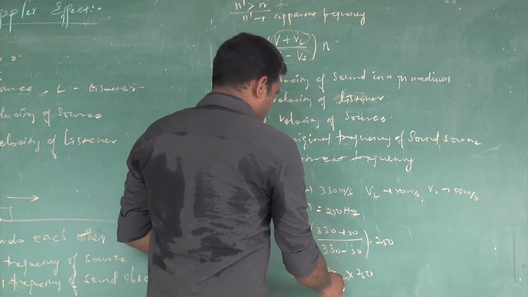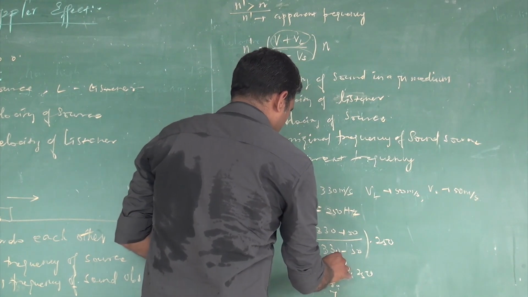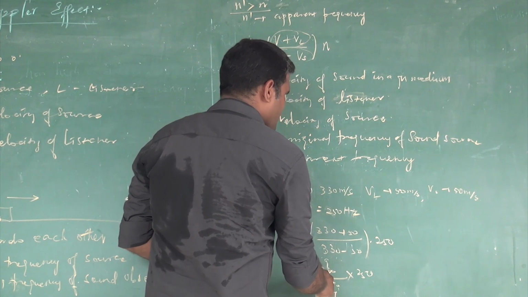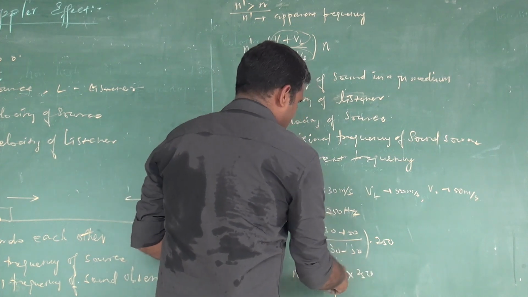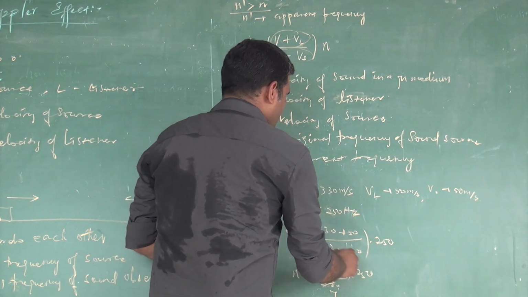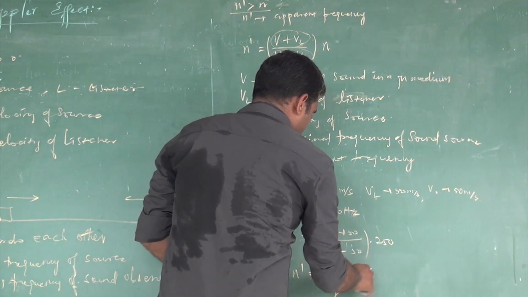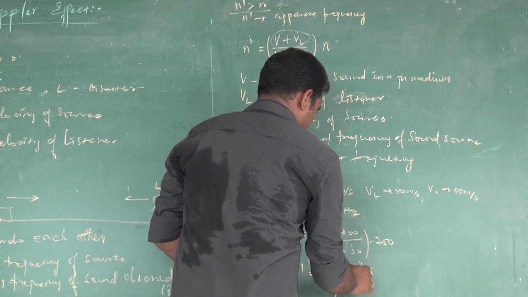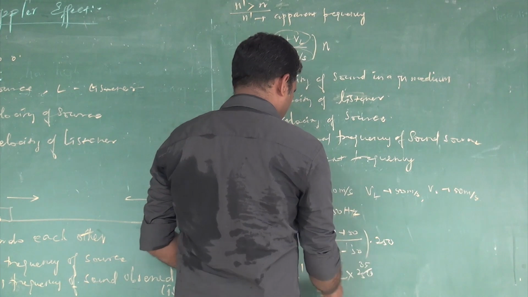So a simple calculation. Approximately 9 4s are 36, 7 4s are 28. So if you cancel this out, 9 point something will come. For a rough calculation, this is almost 35.